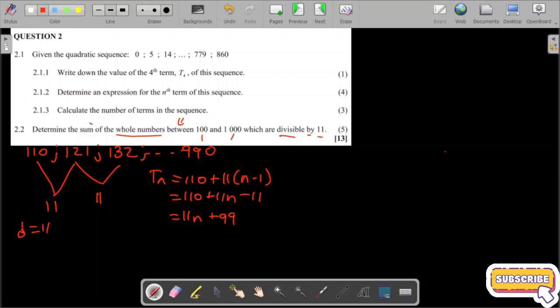Remember, I'm looking for the sum. So first I need to know how many terms I have here in order to find the sum of those terms. So finding the n value, remember my last term is this one, which is going to be 990. So I need to find n. Now take this one to the other side.